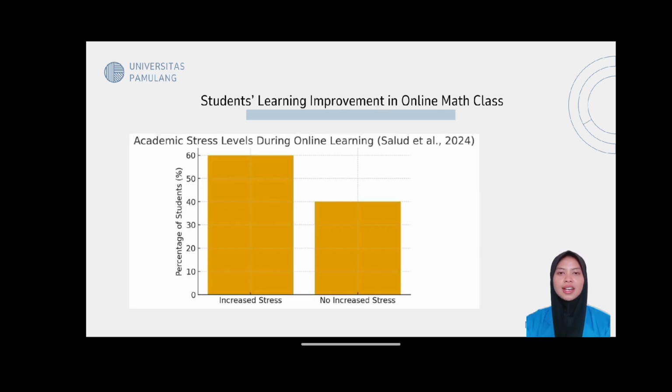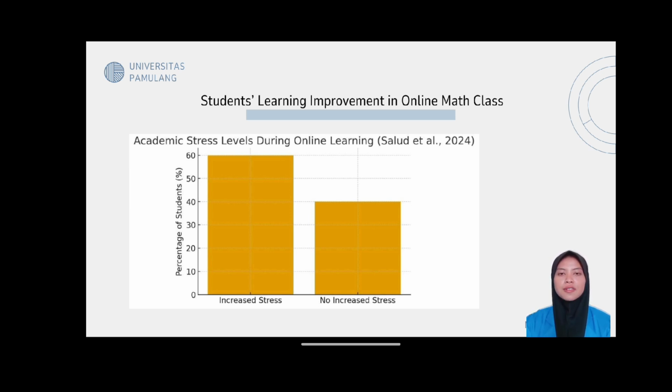The fourth study comes from a technology journal in 2024. It includes 118 engineering students in Indonesia and focuses on how online learning affects mental health and academic stress. The results show that around 60% of students experienced increased stress levels, while 40% did not feel more stressed.